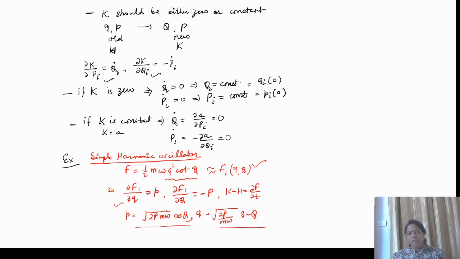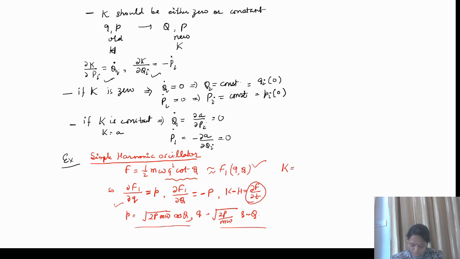So in the previous theory, my purpose was to make K free from as many generalized coordinates as we can. But now at this stage, my purpose is to make K 0, right?